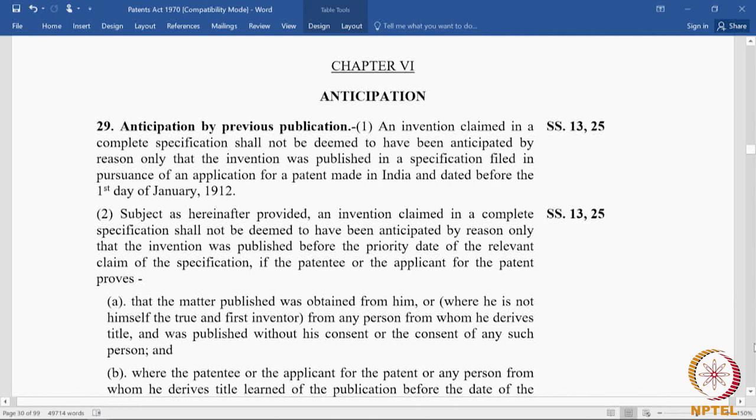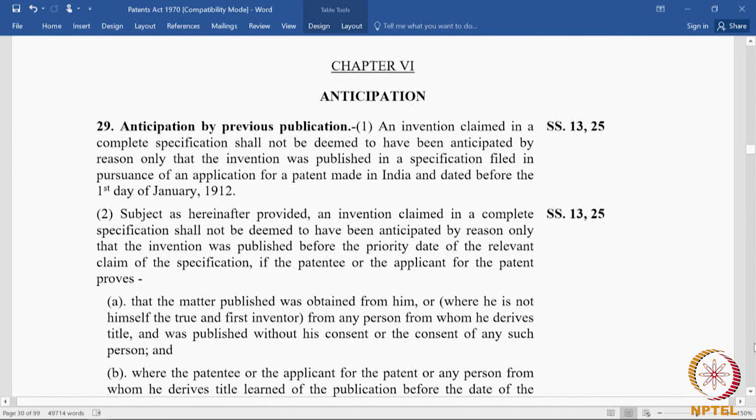Before 1st Jan 1912, we did not have a formal patent system, but still we had certain executive privileges granted by the British government, and they were similar to a patent. You could make an application and the British government would grant a patent.